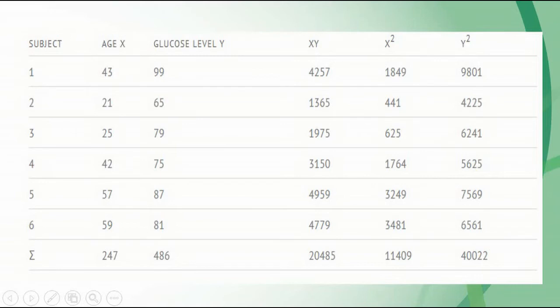Next, for subject 3, for xy, we multiply the age and the glucose, that is 1,975. Next, we square the age, 25 times 25, that is 625. Next, y squared, 79 times 79, is 6,241.